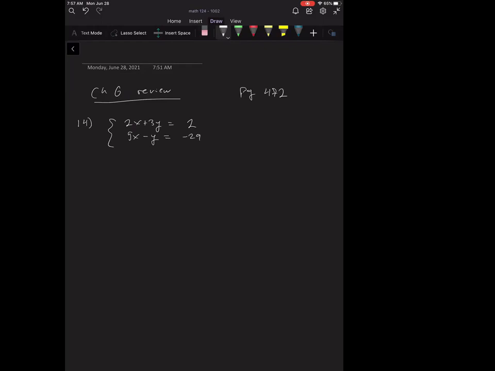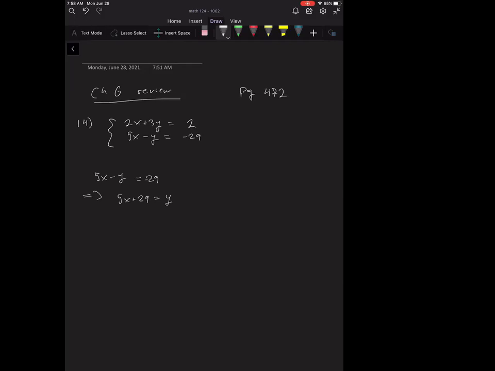So we can either use substitution or elimination. In this particular problem, I guess maybe substitution is a little bit easier. If we take that second equation, 5x minus y is equal to minus 29, we could solve for y. We add the y over to the right and the minus 29 over to the left. So this gives us 5x plus 29 is equal to y.